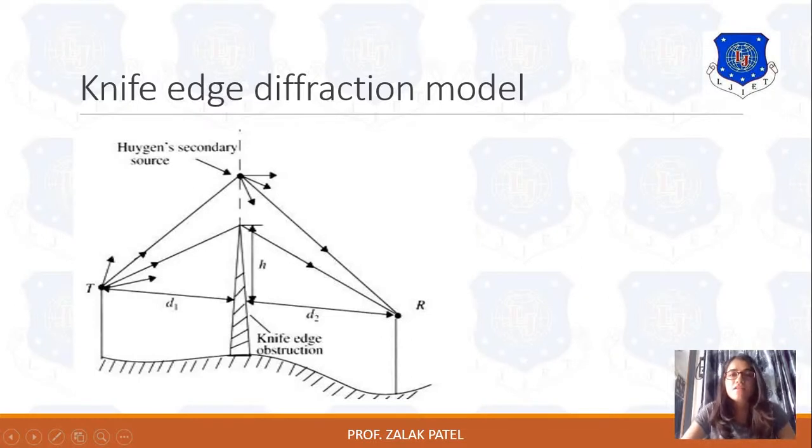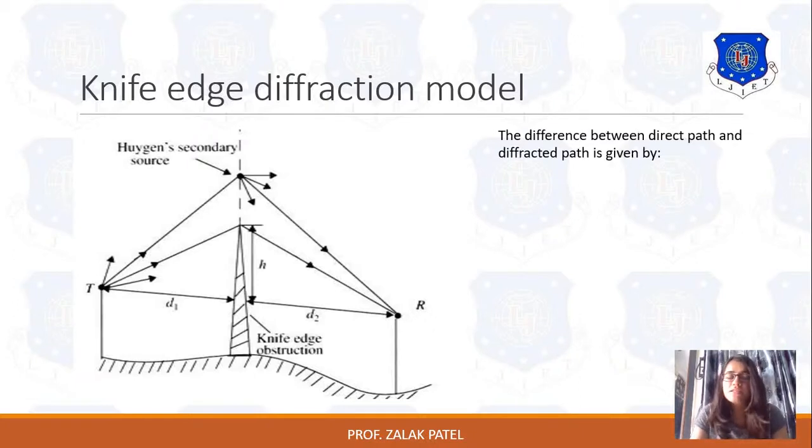For this knife edge diffraction model, again the Fresnel region is taken into consideration. The Fresnel region is when the distance is less than 2d square upon lambda, meaning 2 times the major dimension of antenna squared divided by its wavelength.